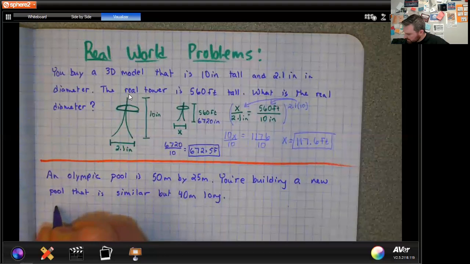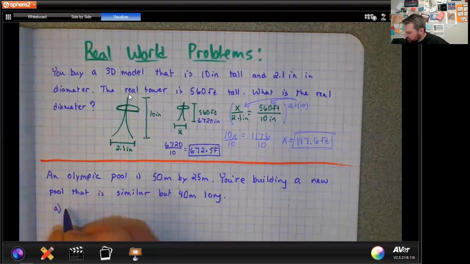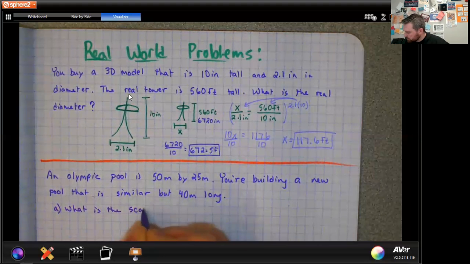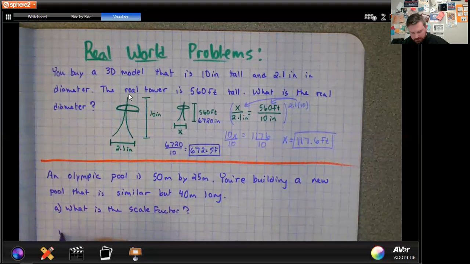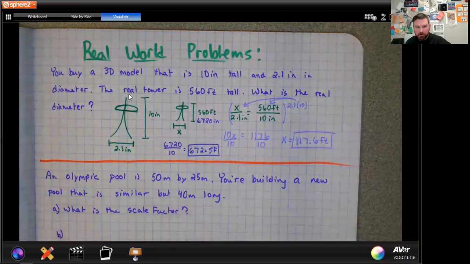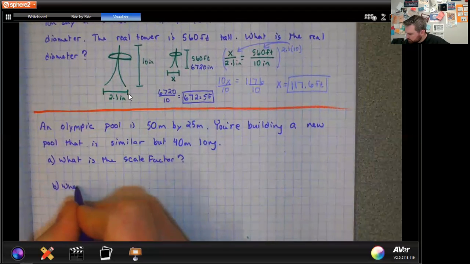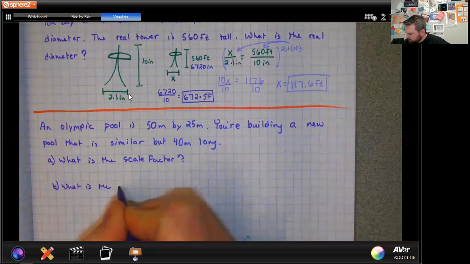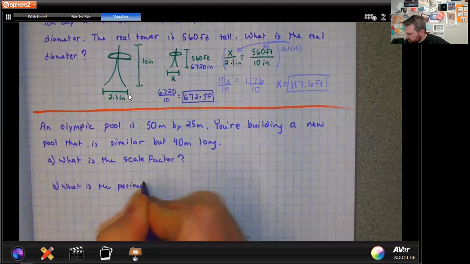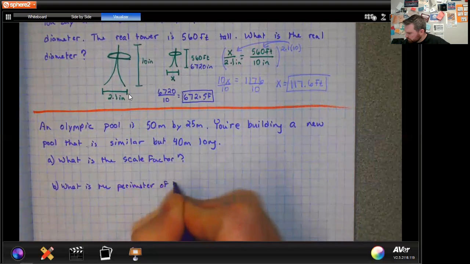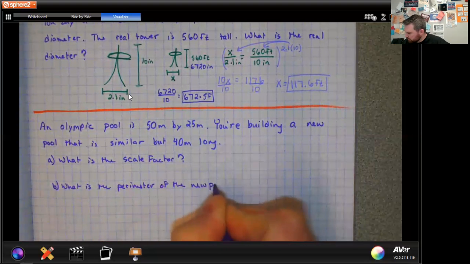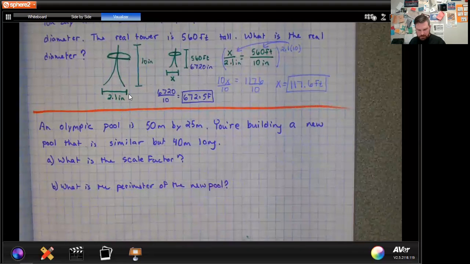Part A is what is the scale factor? And part B says, what is the perimeter of the new pool?